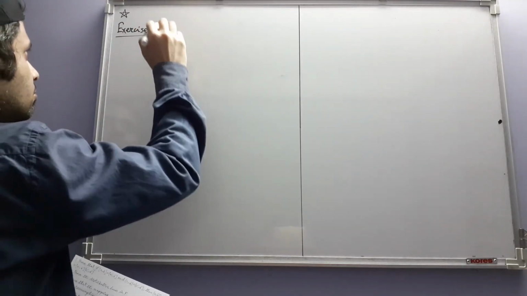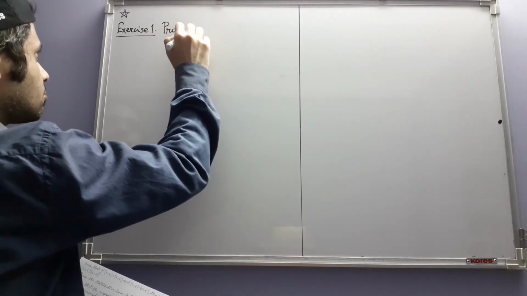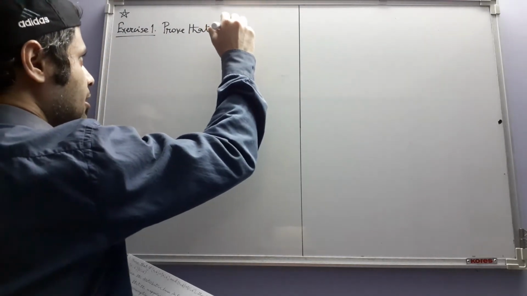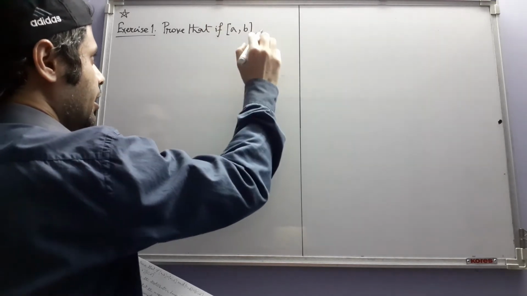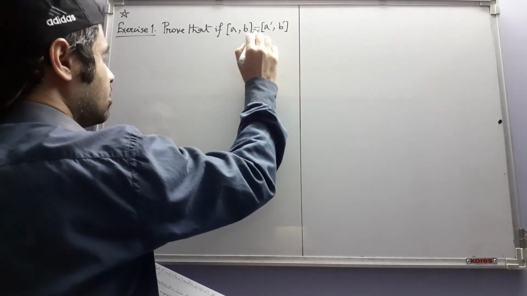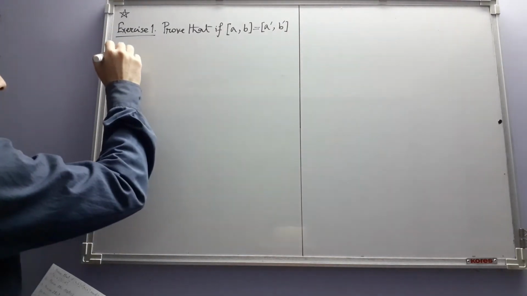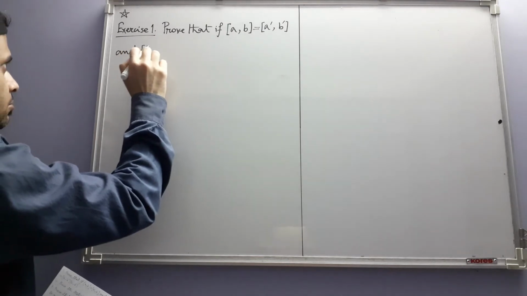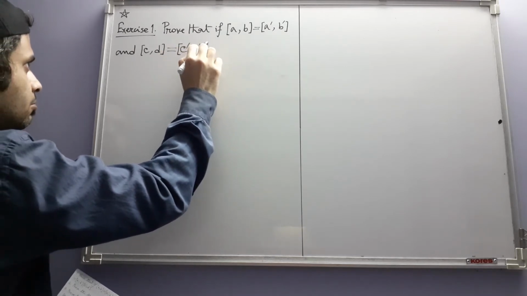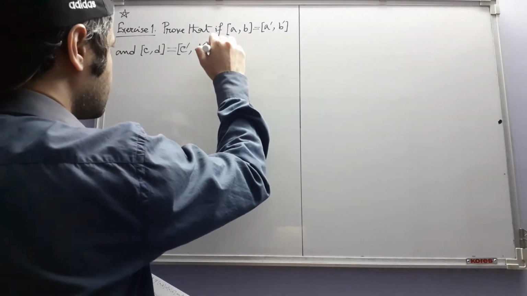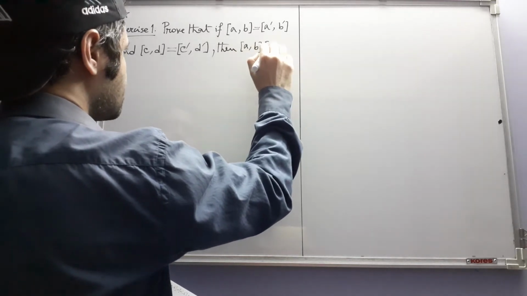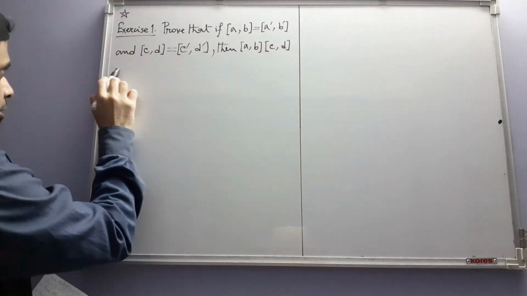Prove that if these two equivalence classes (A, B) and (A', B') are equal, and these two equivalence classes are also equal, then the product of these two equals the product of the other two.